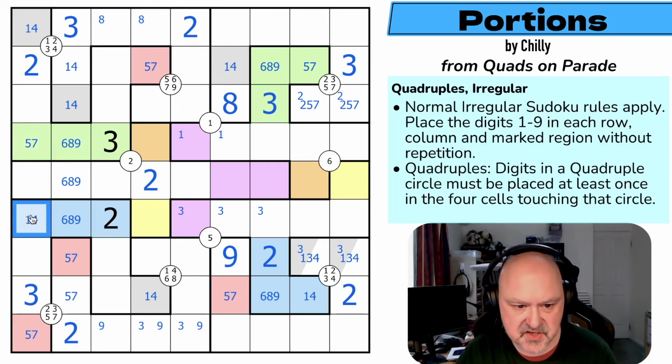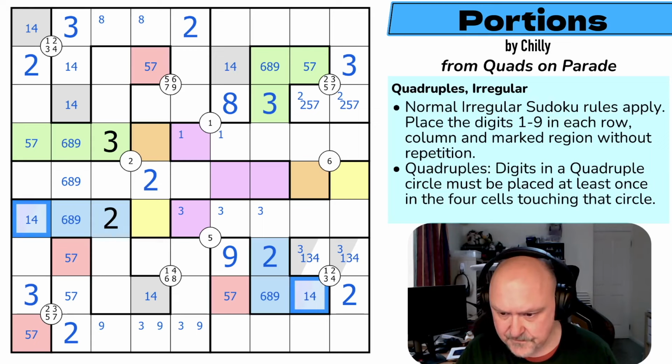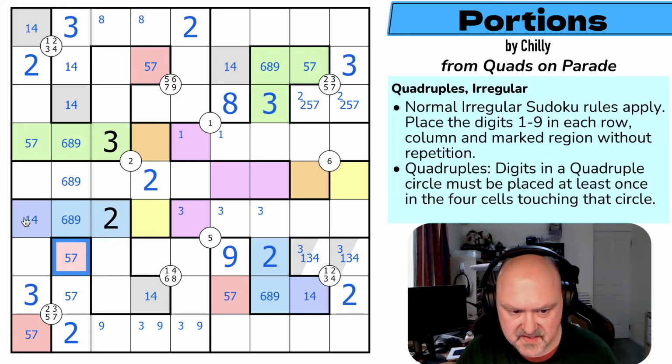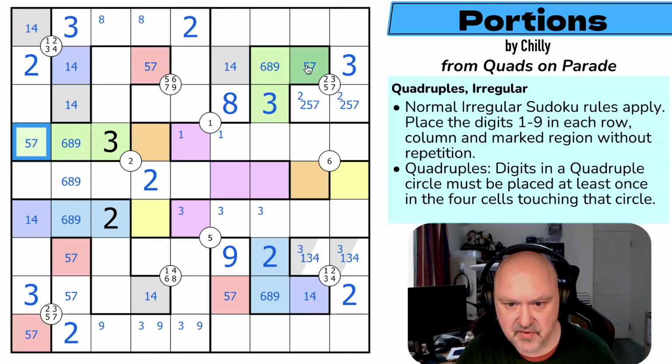Because this digit, which is this digit, I'm using a different blue, is the 14 that isn't grey. So it's that one. And similarly, 57, let's use the darker green, is that 57 because it comes from the green set. So that is the dark green 57.